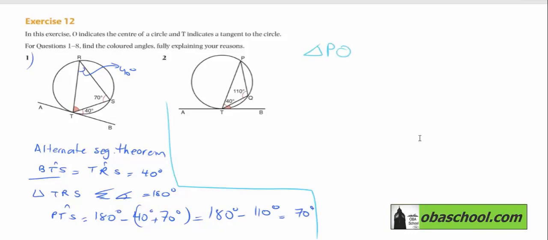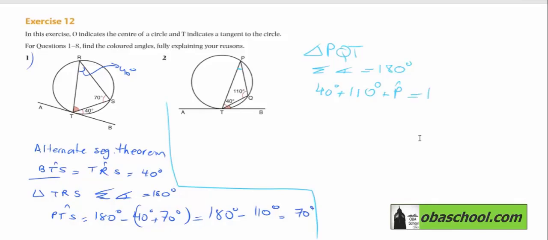outside the triangle. Now, working within the triangle PQT, we already have the measurements of 2. Let's find the third. Sum of angles is 180. So, in such case, we can find the measurement of the upper angle. So 40 plus 110 is equal to 150.